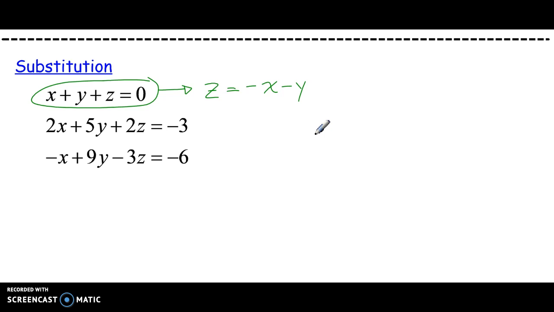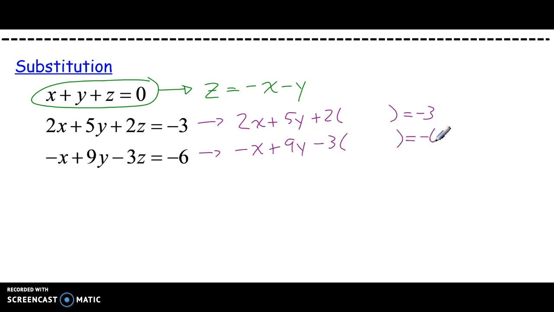Oh wait, there's two other equations. Well, I'm going to plug into both of the other equations. I'm going to take each of those other two equations, and where there used to be a z, I'm going to plug in the thing that z is equal to. Z, we figured out, was equal to negative x minus y.